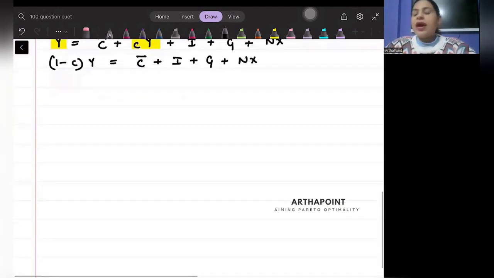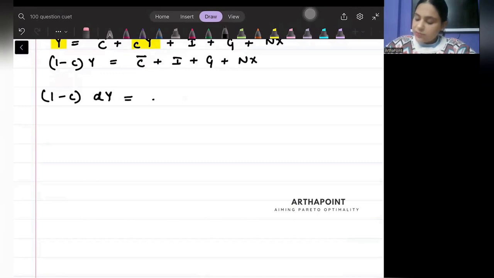I can differentiate this on both sides, doing a total differentiation. So (1 minus c) dY is equal to dC bar plus dI plus dG plus dNX.